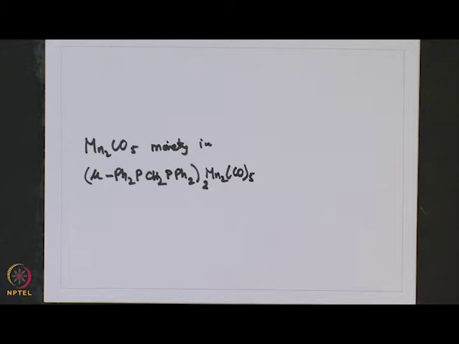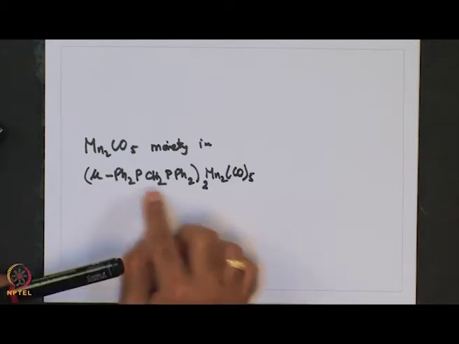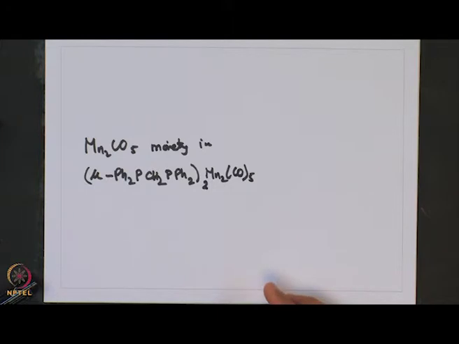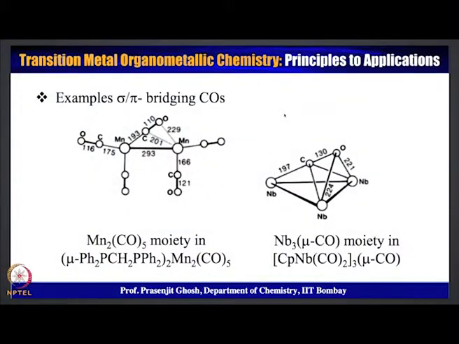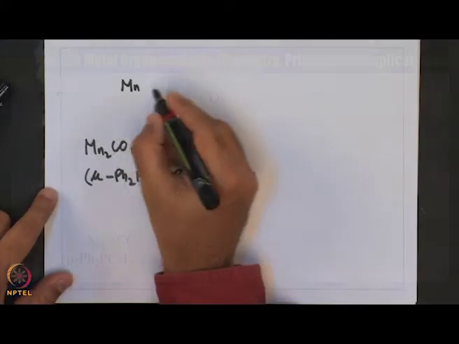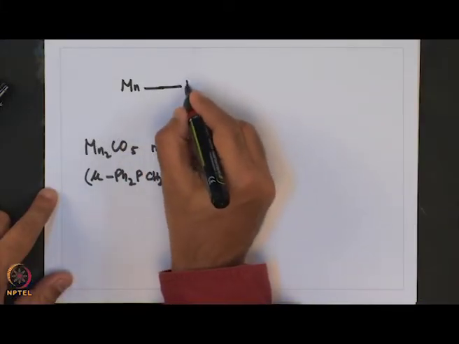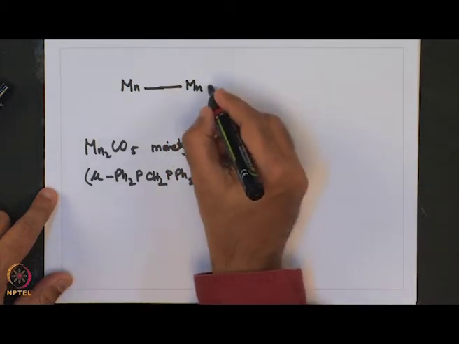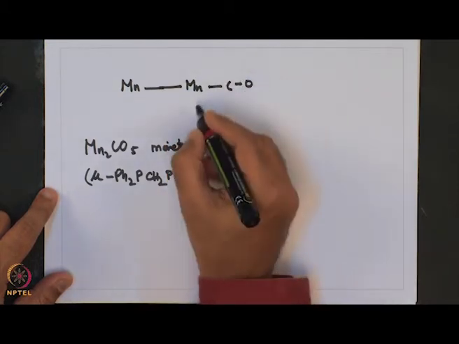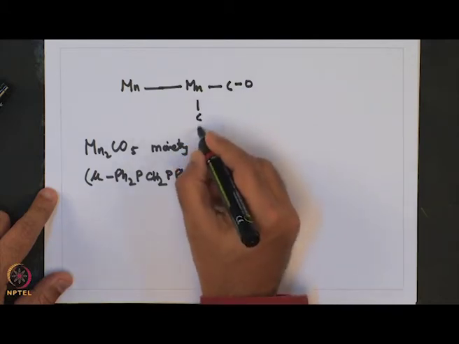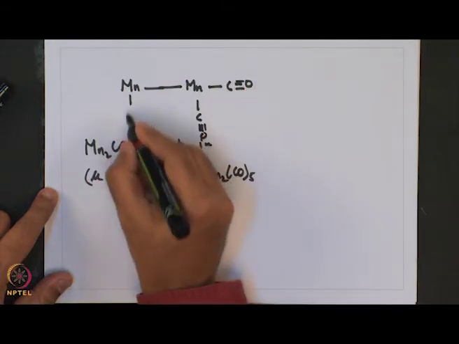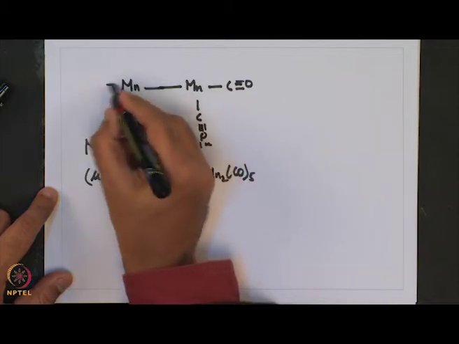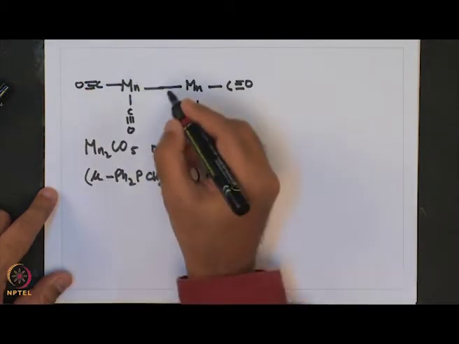For clarity, this mu-Ph2PCH2PPh2 moiety is omitted from the drawing, and this sigma pi bridging example of manganese can be seen over here.